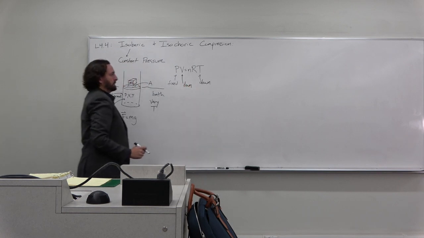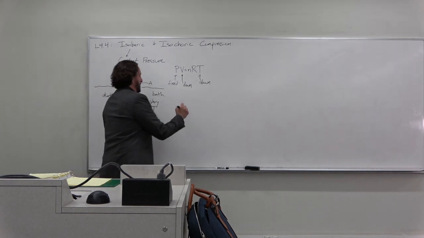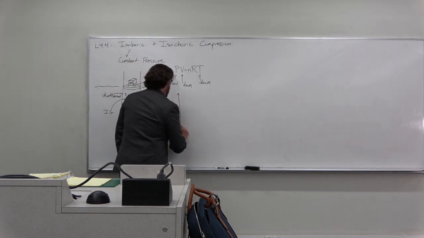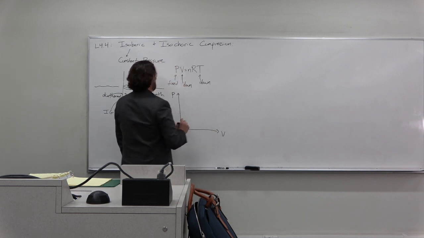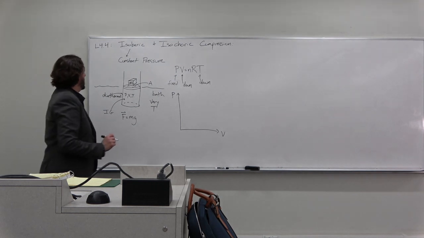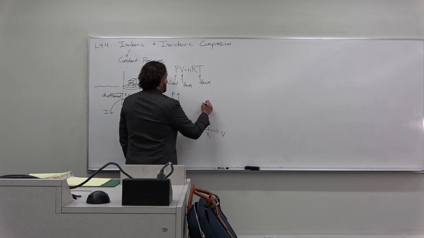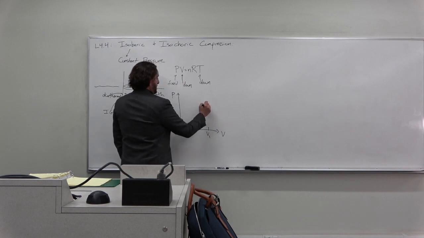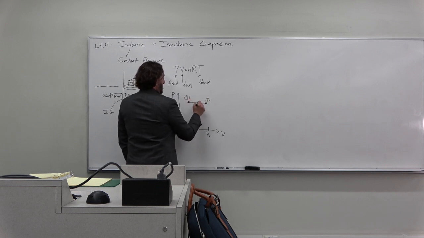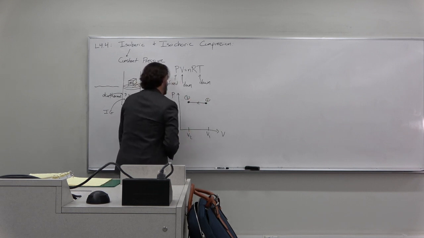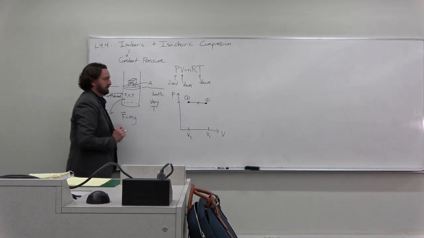So if we look on a PV indicator diagram, we're going to do constant pressure. Let's start at V1, constant pressure. The volume's going to go down, and so we go from state 1 to state 2, to V2, at a constant fixed pressure.